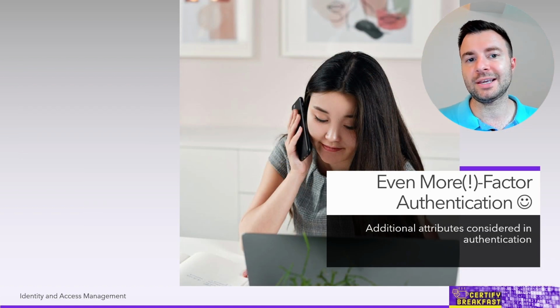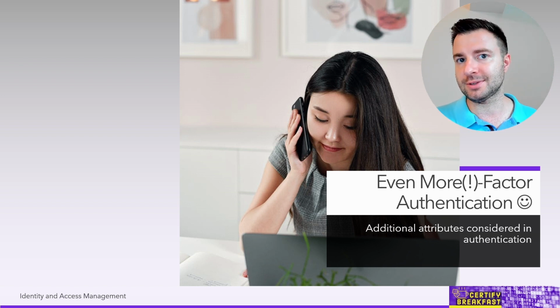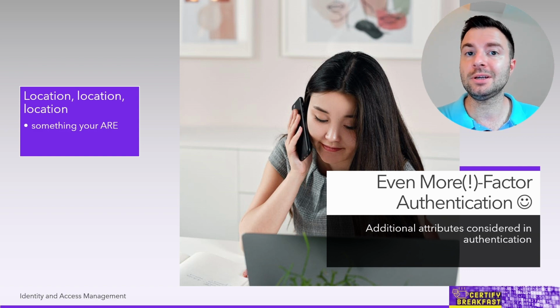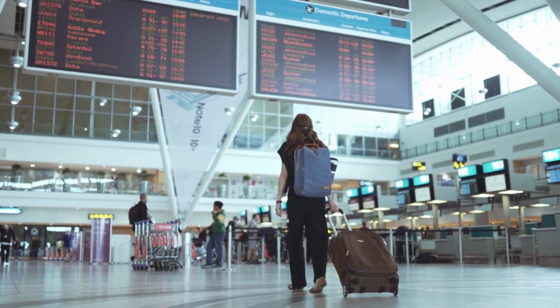Now, in addition to the categories that we just talked about, we also have some authentication attributes that can be taken into consideration in a completely independent manner during the authentication process. For example, we could base our authentication decision on the actual location of the device or of the user that is attempting authentication.